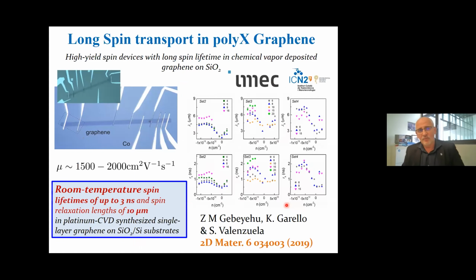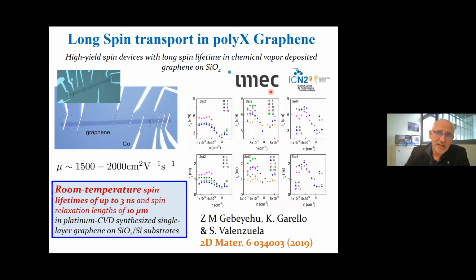Finally, I wanted to point out the spin transport in this polycrystalline graphene, because for using this material in spintronics, we are facing the same question: how does the morphology of the system impact the upper limit for transferring spin information, for instance?